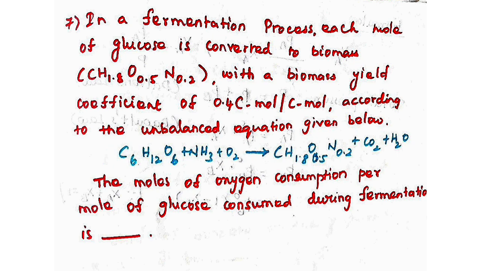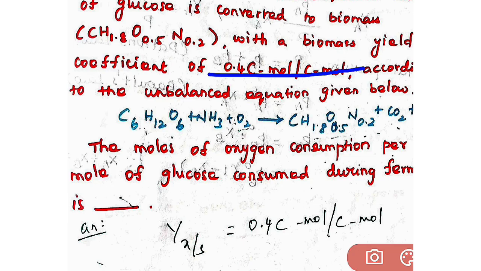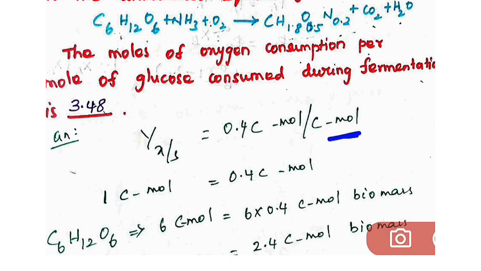The only given data is the biomass yield coefficient Yx/S, biomass produced per substrate consumed, equal to 0.4 carbon mole per carbon mole. So per carbon mole substrate consumed, it produced 0.4 carbon mole biomass. Here your substrate is glucose, C6H12O6.